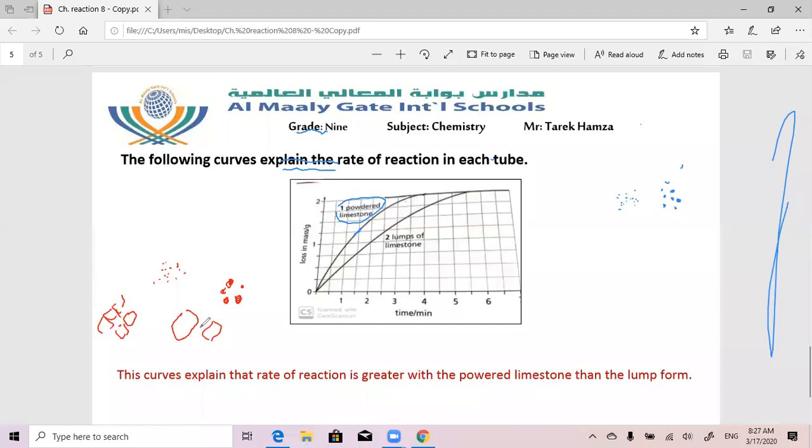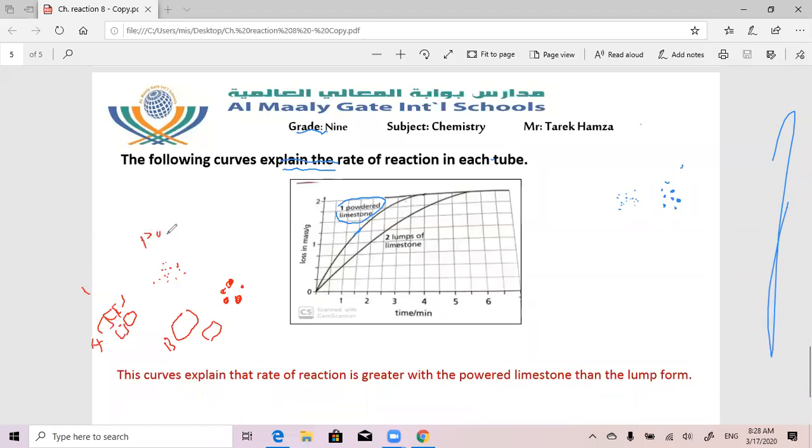So the surface area of group A is larger than the surface area of group B. Understand? Here, in group A, 1 kilo consists of 5 particles, but in group B the 1 kilo consists of 2 particles. The same applies to powder and lumps.